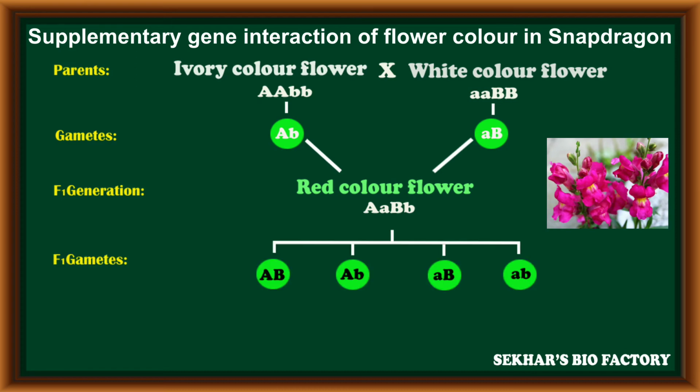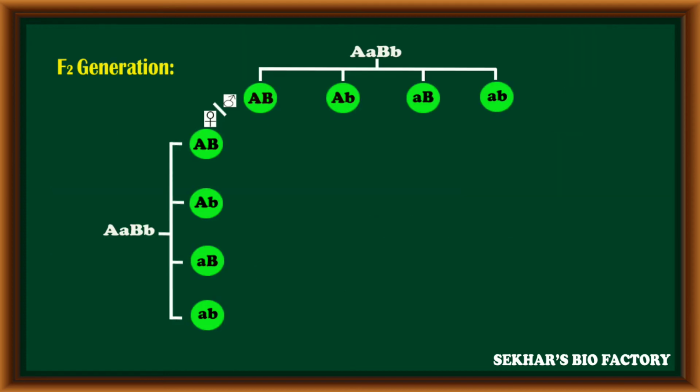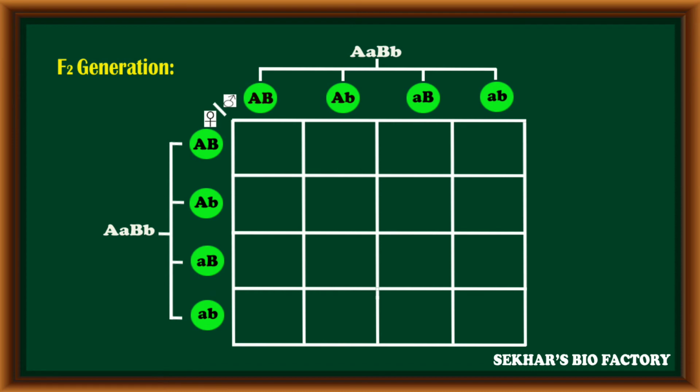This F1 hybrid can produce four types of gametes because of heterozygous condition. 25% of gametes are with capital A, capital B, 25% with capital A, small b, 25% with small a, capital B, and the remaining 25% with small a, small b alleles. These F1 gametes fuse randomly to form the F2 generation.